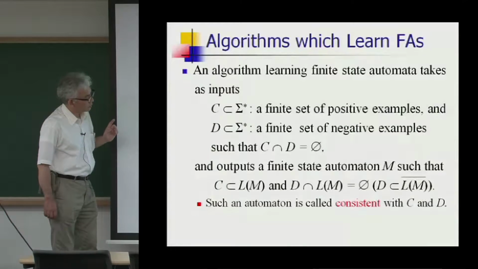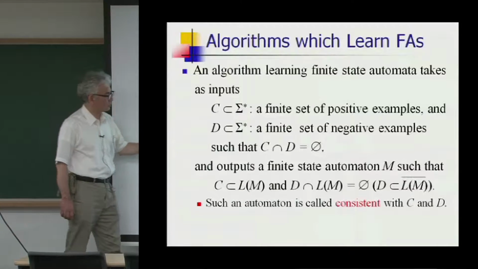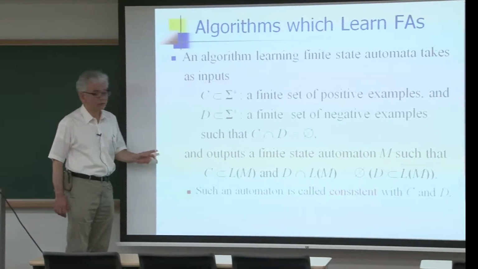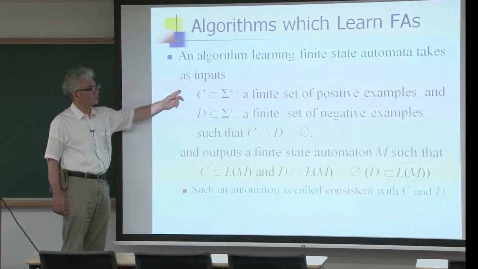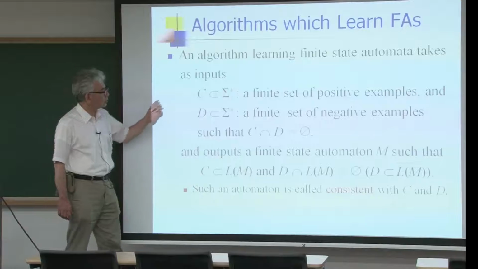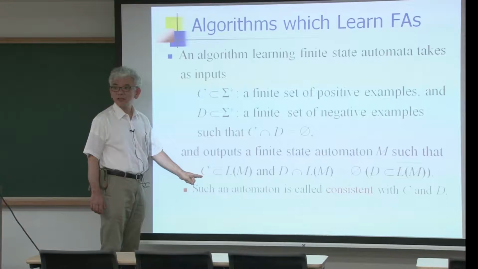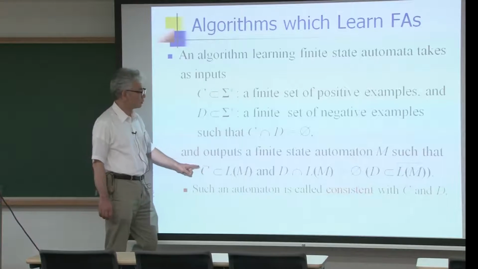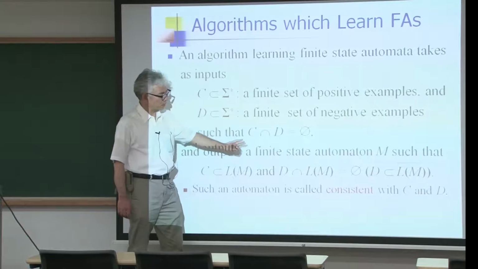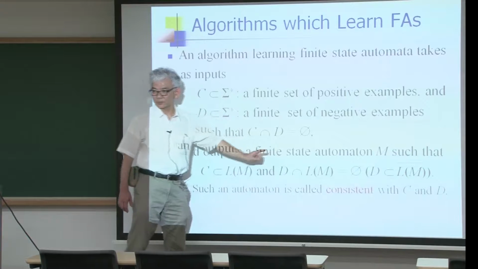And the requirement to the algorithm is to output a finite state automaton M that is consistent with these two sets of examples. This consistent means that all of the positive examples are accepted by the automaton, and none of the negative examples is accepted by the automaton.